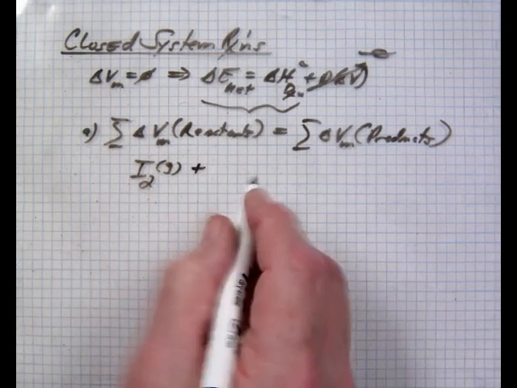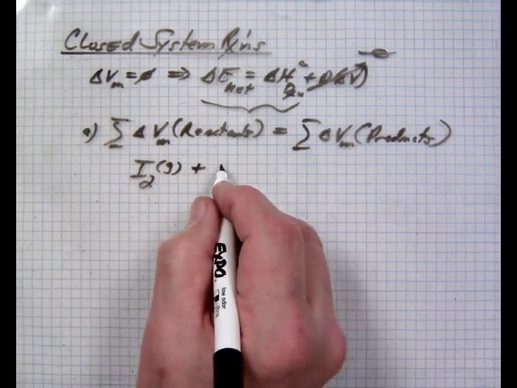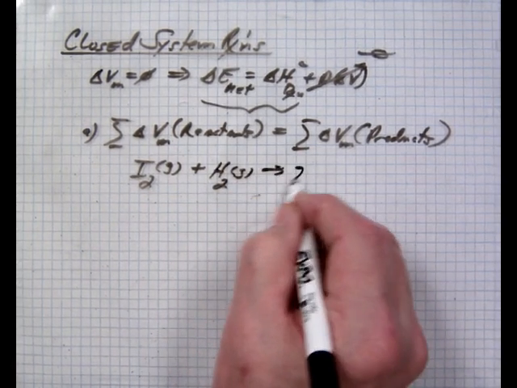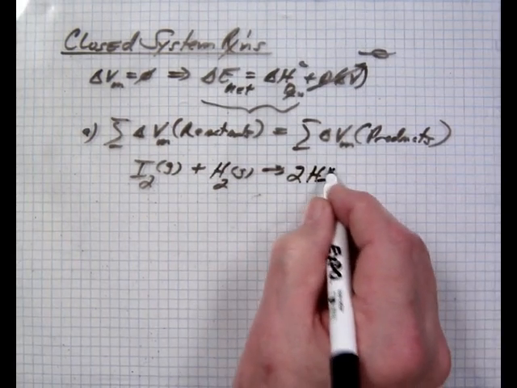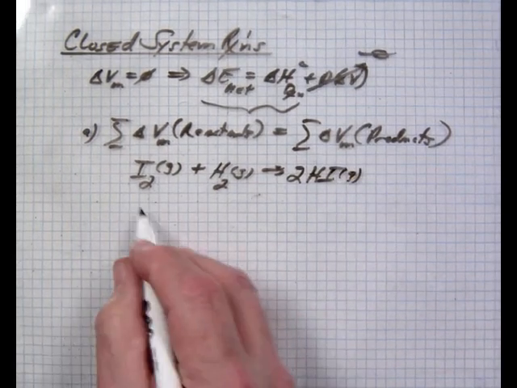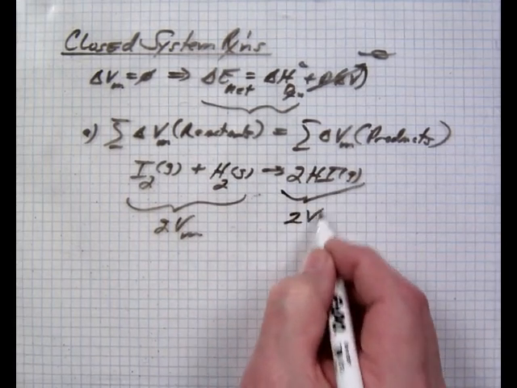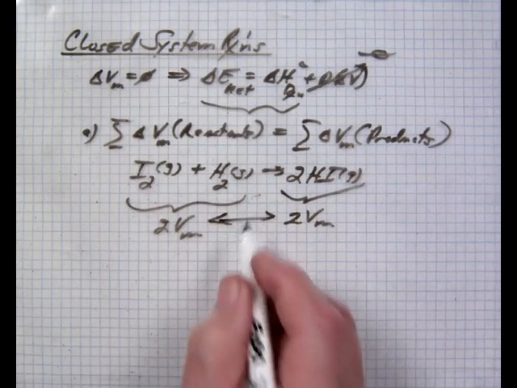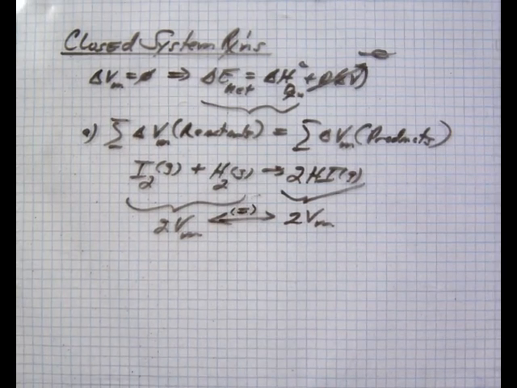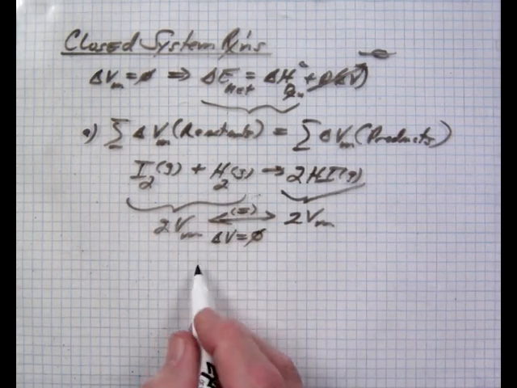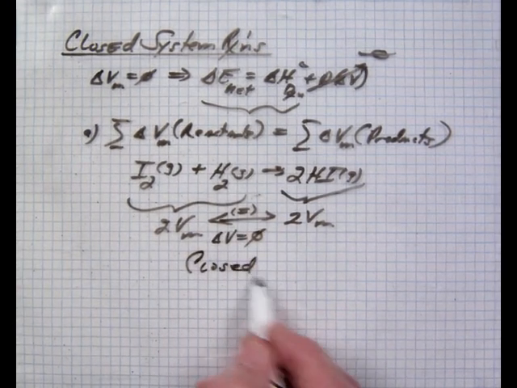Iodine, molecular iodine in the gas phase, reacting with molecular hydrogen in the gas phase will make 2 moles of hydrogen iodide in the gas phase, and so you have 2 VMs here, 2 VMs here, and since those are equal, delta V is equal to 0, and this represents a closed system.